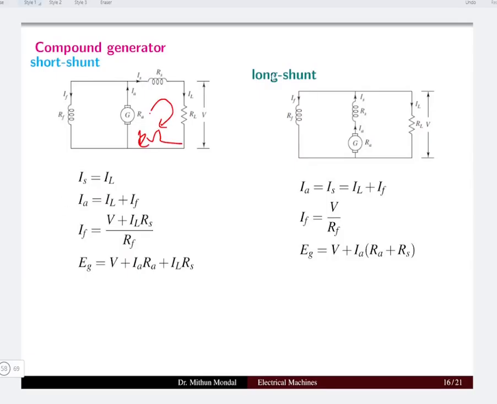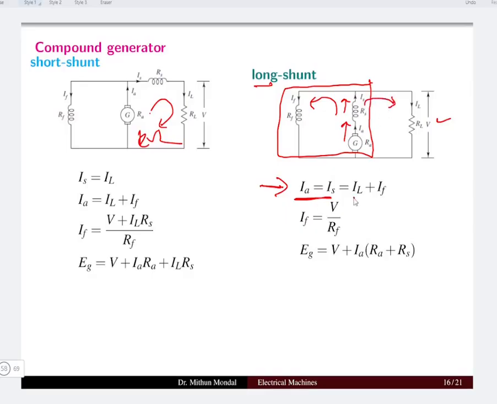Now, if we talk about the long shunt machine, in the long shunt machine, the total field winding will be coming in parallel with the entire machine as well as the load. So the armature current here is equal to the series current, which is the same, because whatever current comes here will flow in the series field winding, and then it will be distributed into the field winding and the load.